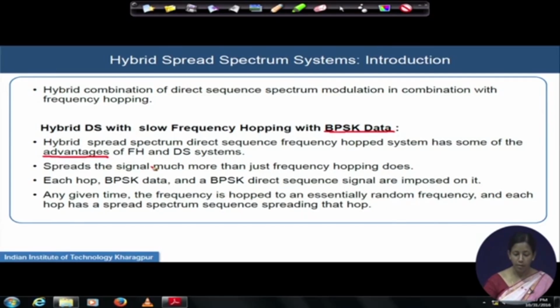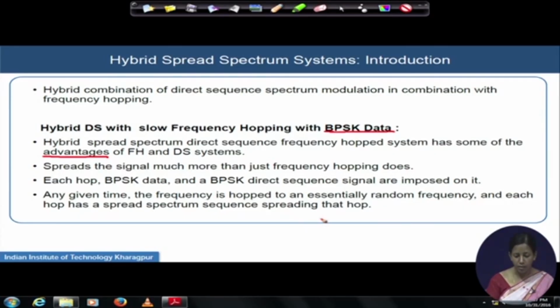And remember, in the processing gain calculation, the frequency spreading happening for the signal will obviously be much more than what just frequency hopping or just direct sequence spread spectrum does.